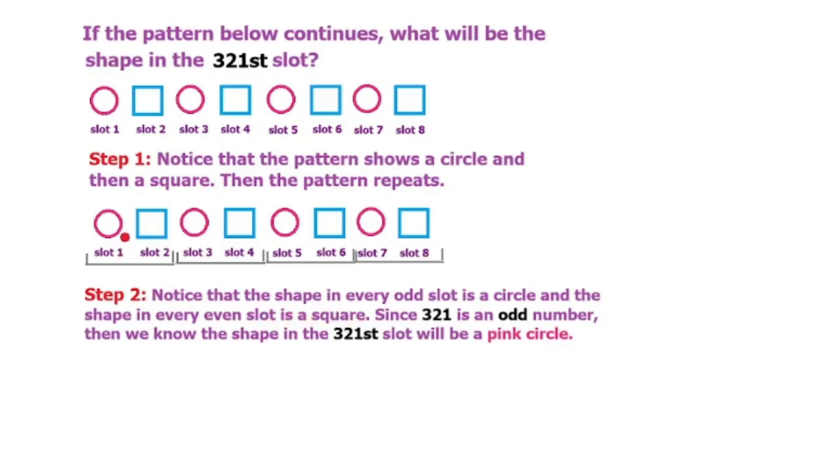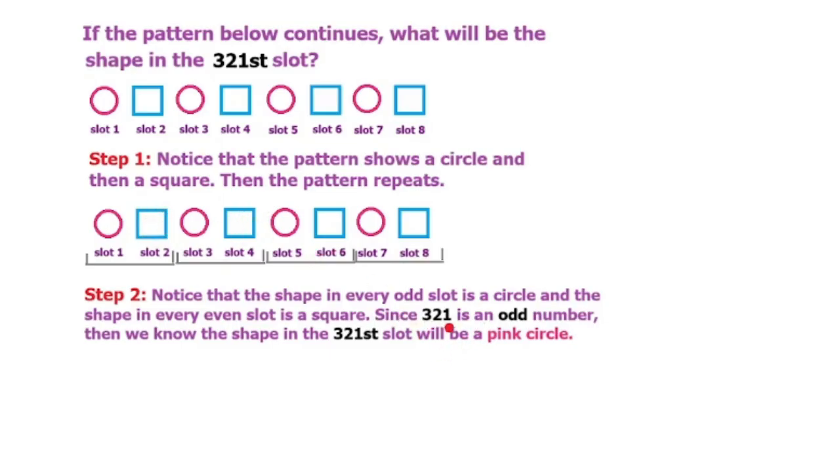Here's 1, 3, 5, 7. Those are all odd numbers, and they all contain a circle. Here's slot 2, 4, 6, 8. Those are even slots, and they all contain a blue square.